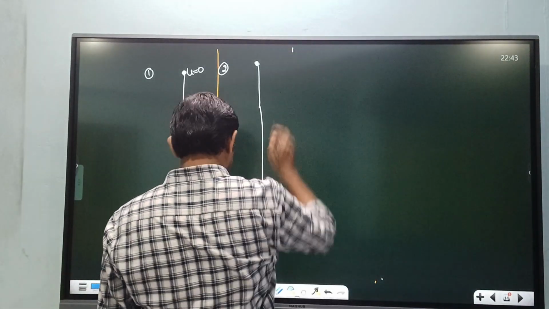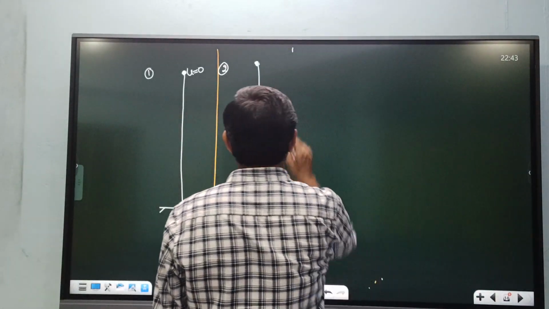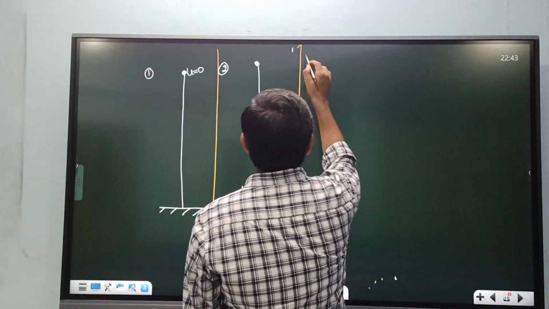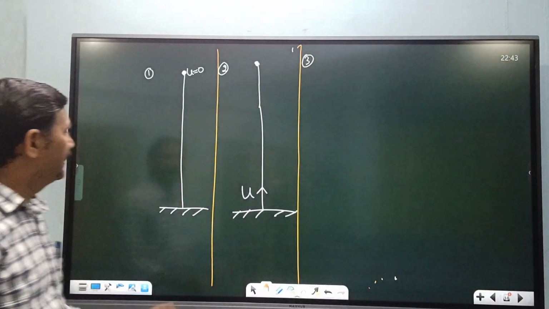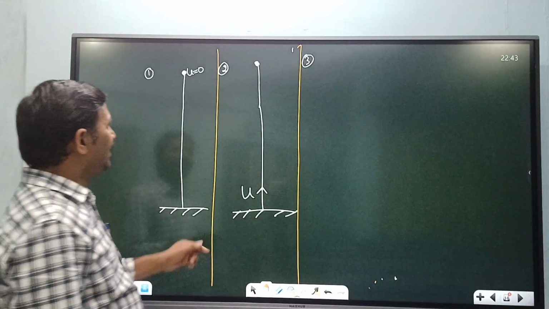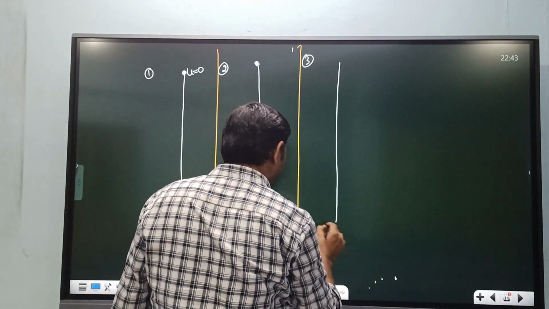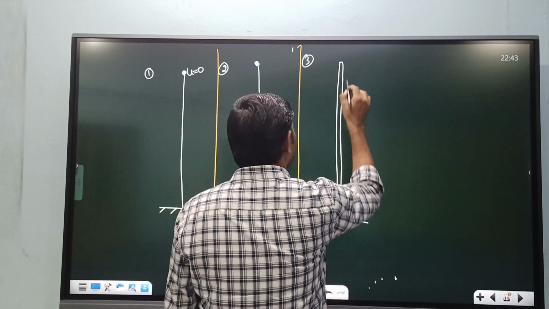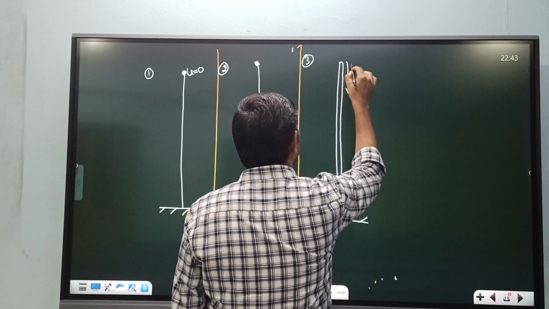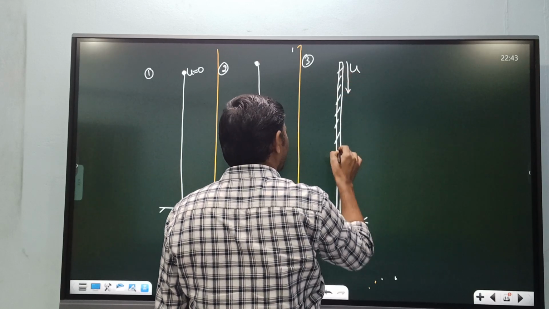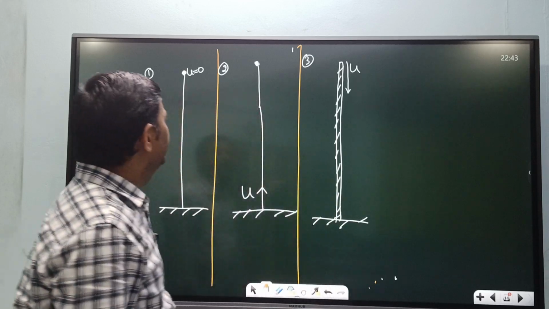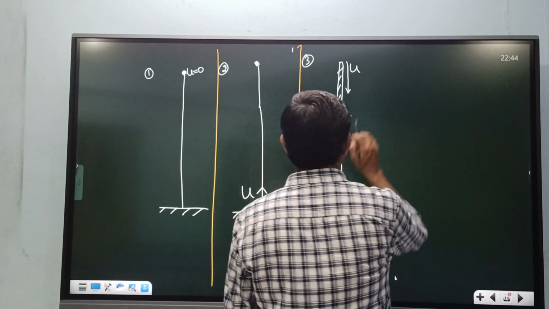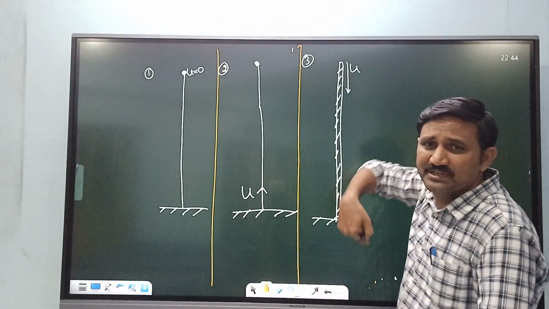And next, what is the third one? Vertically downward projection from the top of a tower.